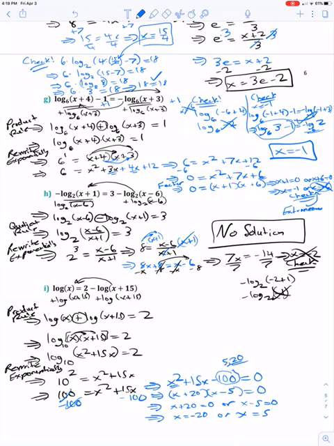Which implies x equals negative 20, or x equals 5. Now, as we're checking, all right, I'm concerned about this one. What happens with our check step? If we plug that in, I quickly see there's no way negative 20 is going to be an answer. We get log of negative 20, which can't happen. Now 5, we're okay.